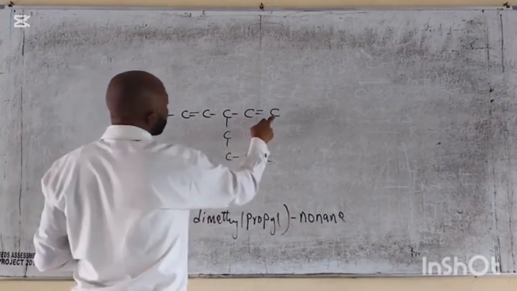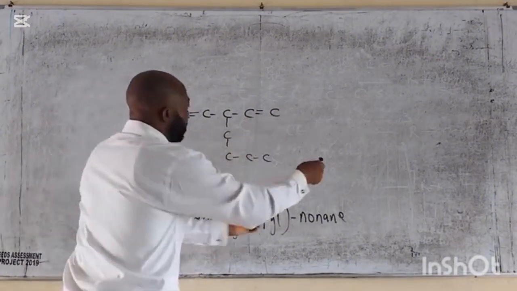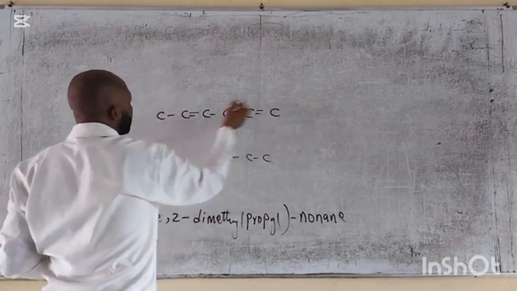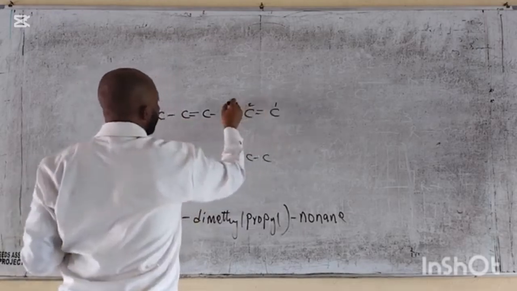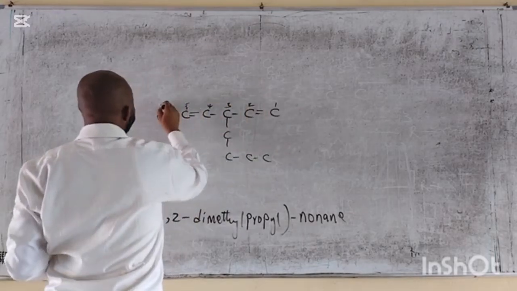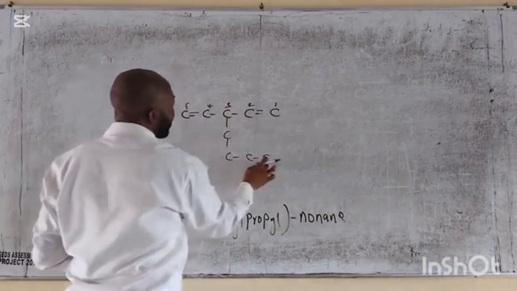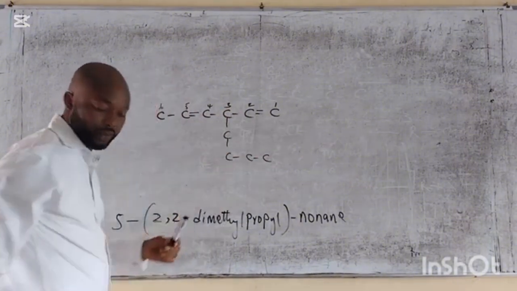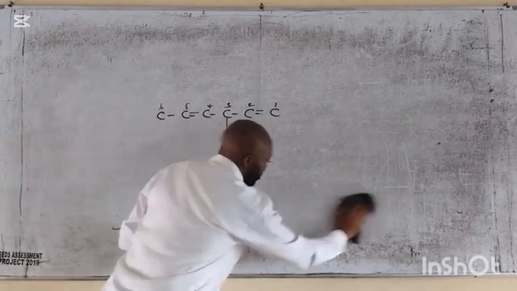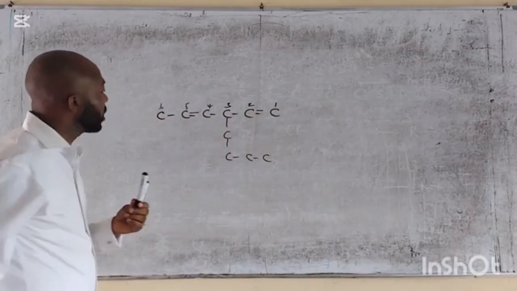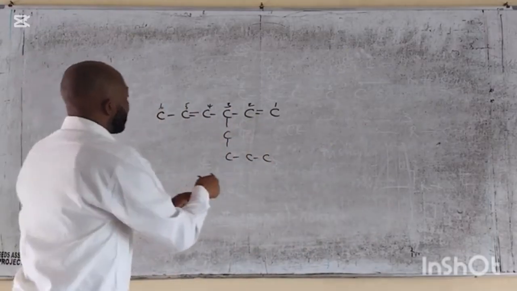Now in carbon 1, the double bond here is 1, here is in 2. So I start from here, 1, 2, 3, 4, 5, 6. In carbon 3, I have 1, 2, 3, 4. That is called a butyl. Okay.